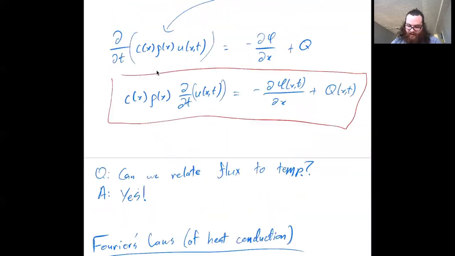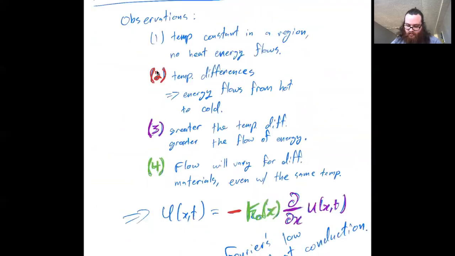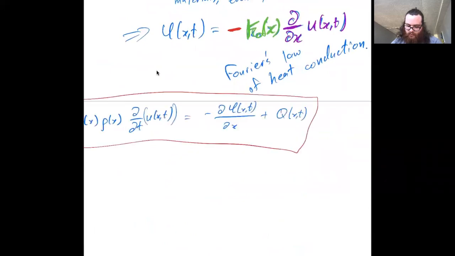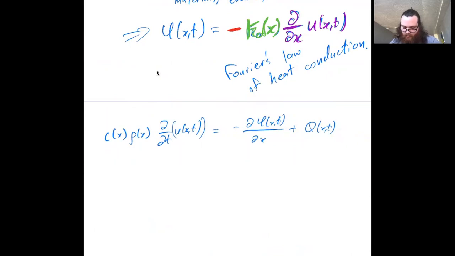Right, so if we bring back, let me copy all of this. If we take this, copy, move it down here. So what changed? Well, we've described the flux in terms of material and temperature.